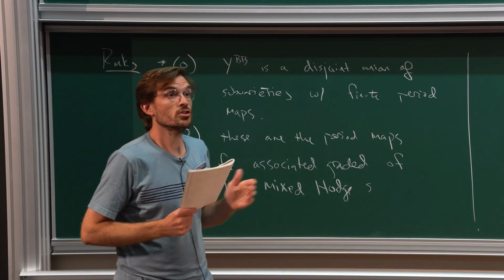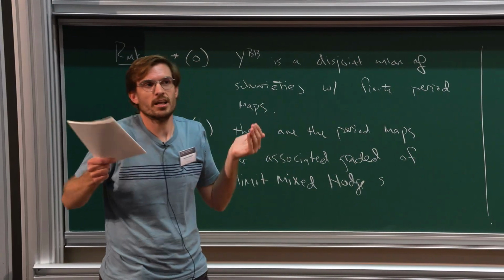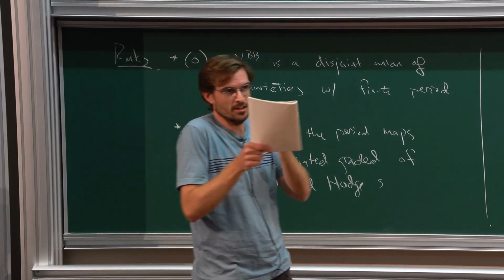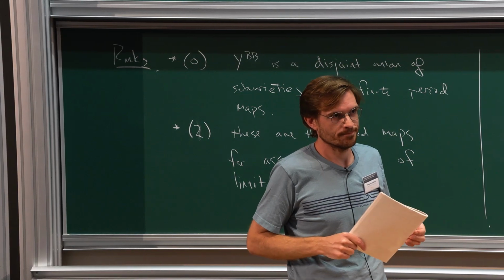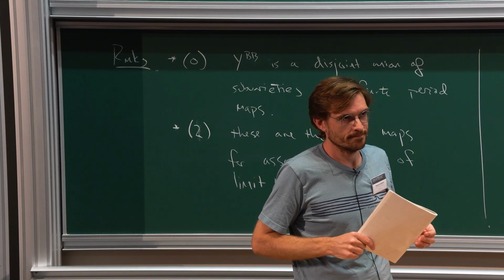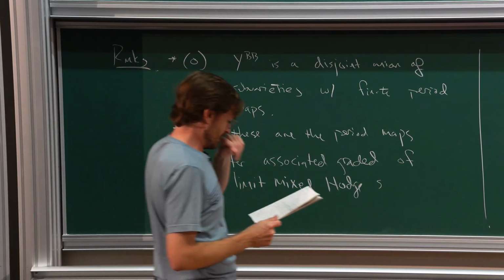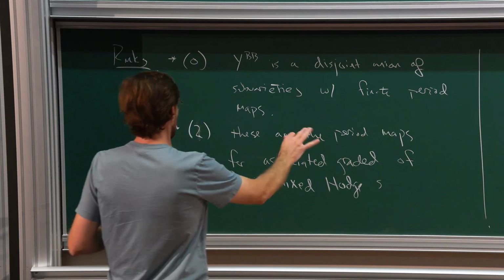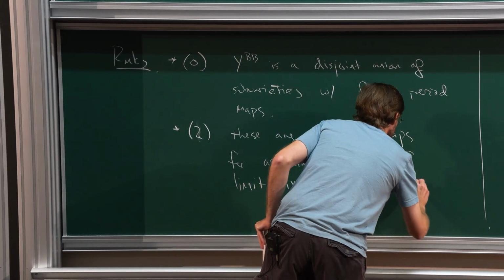Yes. So its growth will look like a monomial in logs of norms of algebraic coordinates. Yep, it'll have a logarithmic growth with respect to the algebraic coordinates of the limit mixed Hodge structures.